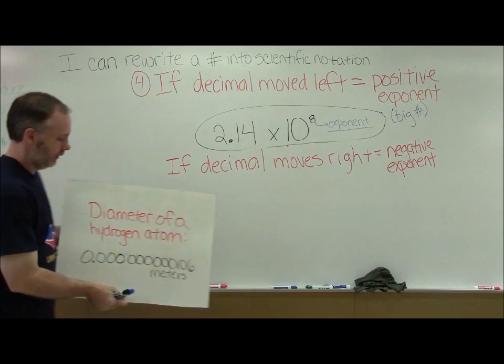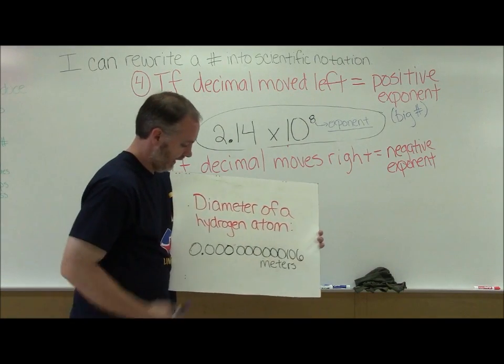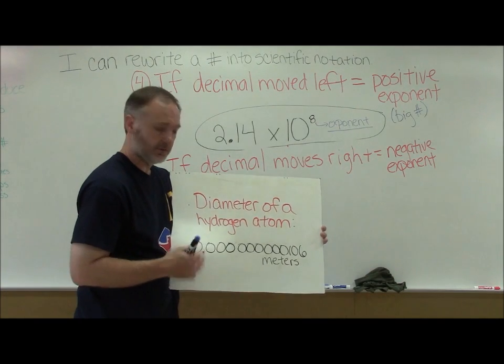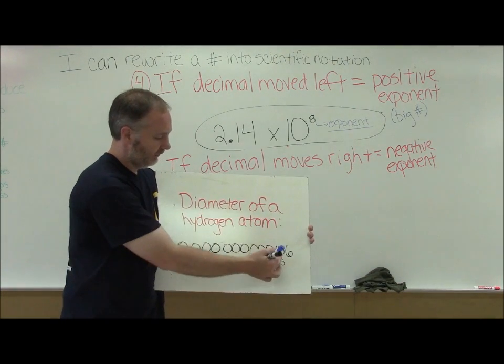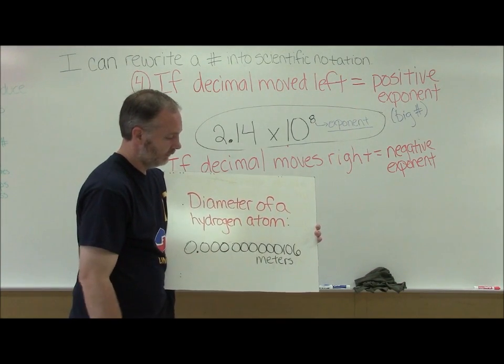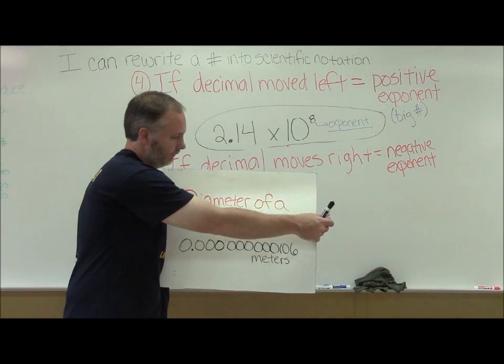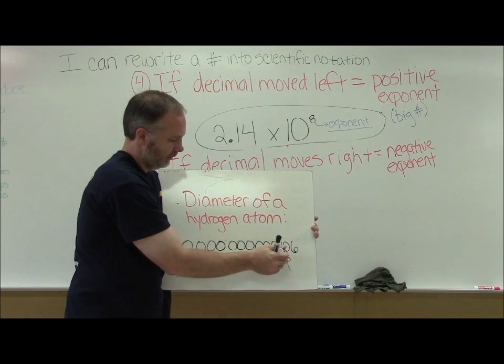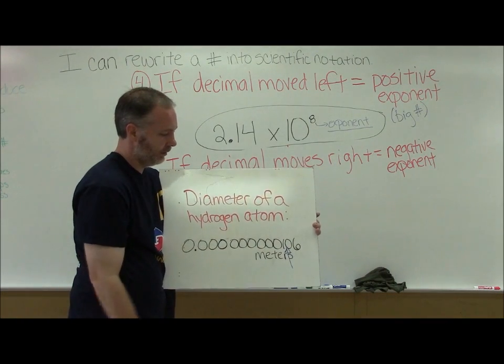So step 1 here, we've got a decimal here, but it's not to the right of the first non-zero. Our first non-zero is way over here, this 1. So we need to put a decimal right here between the 1 and that 0.